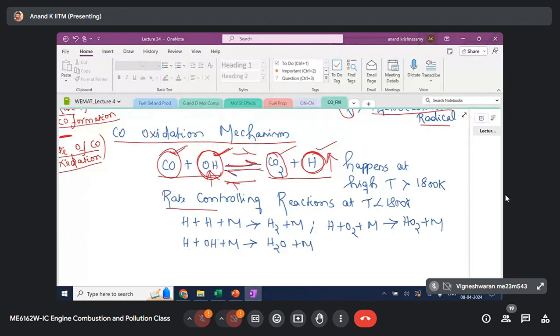That's why we have these 3 rate controlling reactions, which are going to decide the concentration of OH and H. If you look at the first reaction carefully, you could see that 2 H radicals combine in the presence of M. M is the third body, and form a stable H2 molecule. Similarly, in the second reaction, the H radical combines with O2 in the presence of a third body and forms HO2 radical.